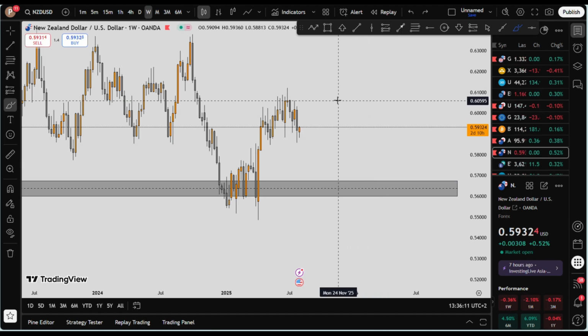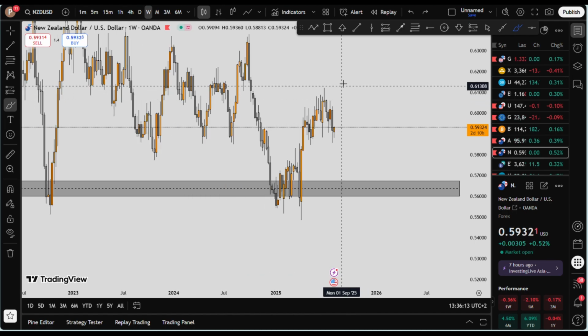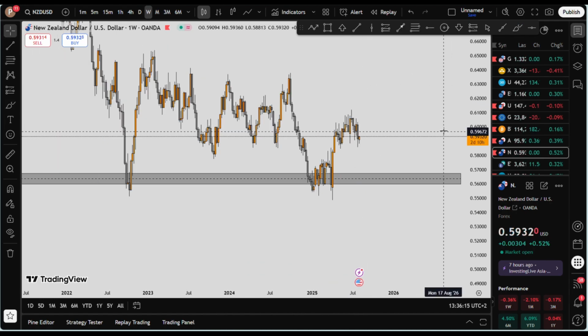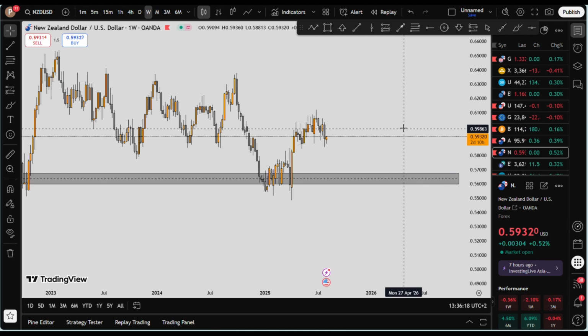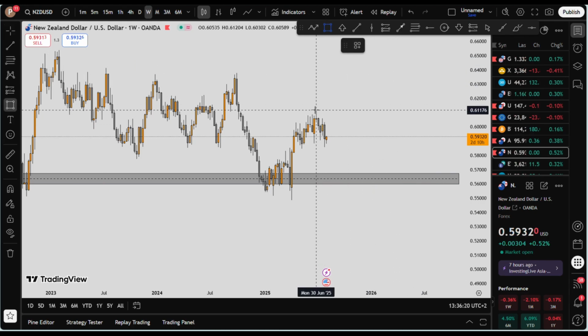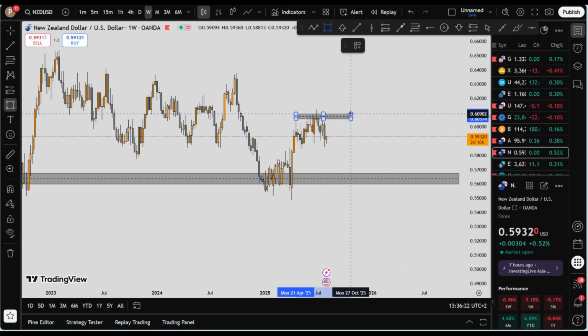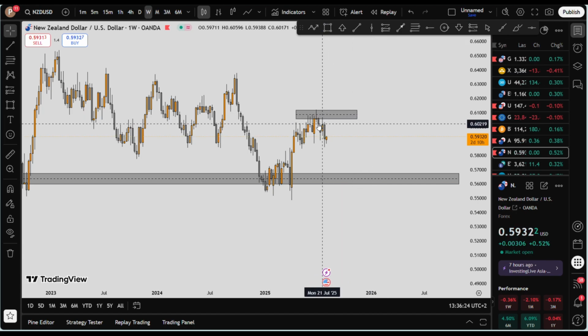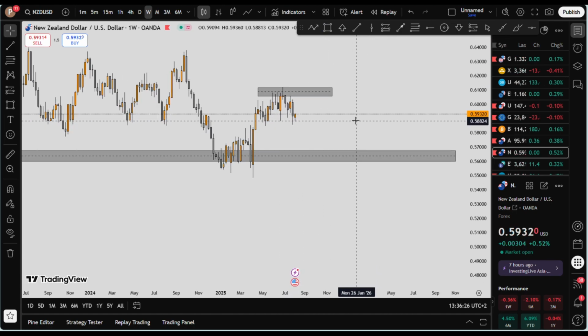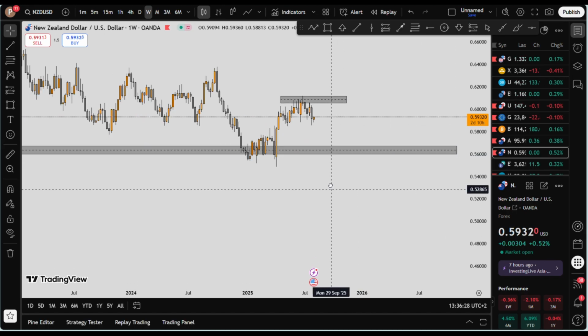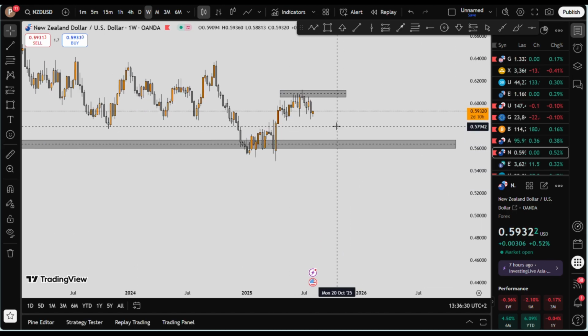So since we got that out of the way, let's identify our key levels here on the weekly time frame, like we did on our monthly, right? We can see the market is currently rejecting this high. We can see that with our eyes, right? And here's a low, the support.